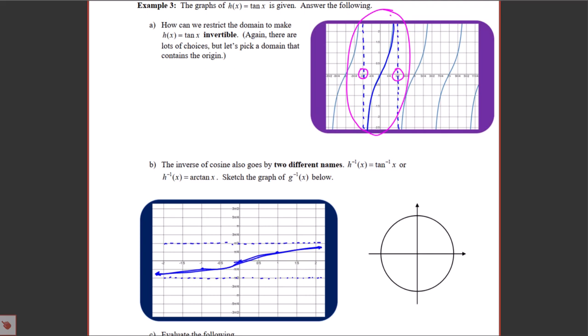For an inverse, I switch the x and y axis. So now the y-axis has the pi over 2 and negative pi over 2. It's going to go through the origin like it did in the original graph. But now it's going to go towards the horizontal asymptotes here and here.